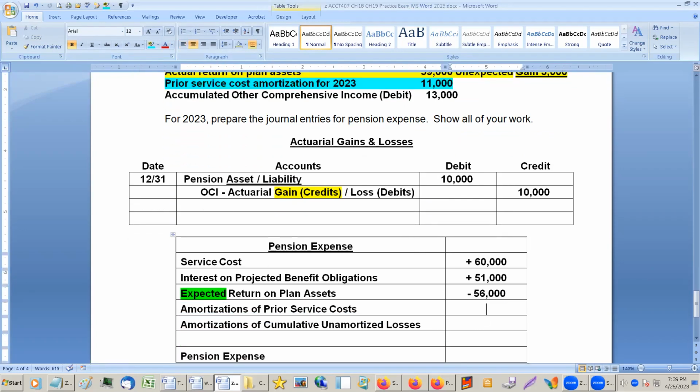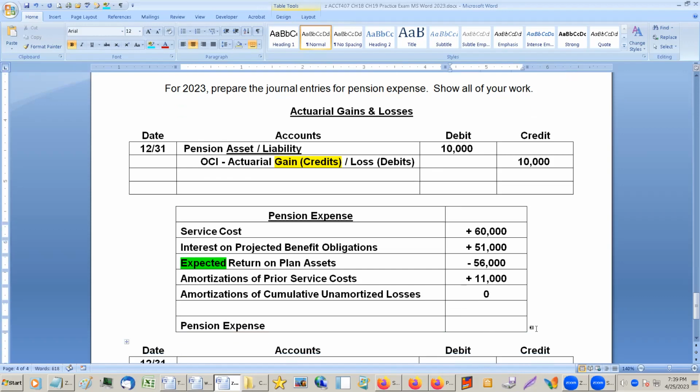Okay, so this will add 11,000. And this one's in this class, that's always 0. It's possible that someplace else it's not 0, but all right, so 60,000.